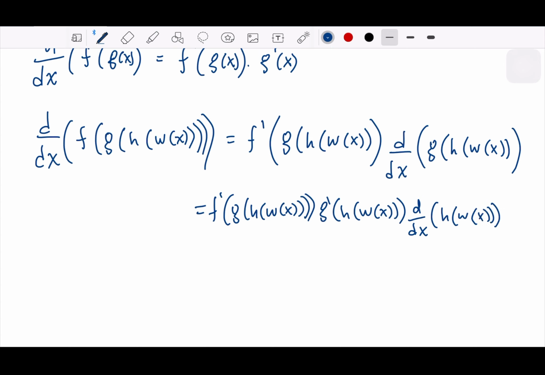This is just an extreme case, and then you can do more up until you get the last function inside. So it's like peeling the onion, like I said before. That's the idea for the chain rule.